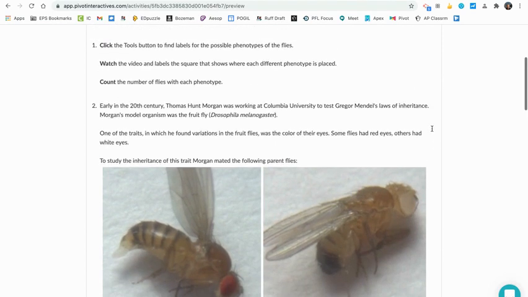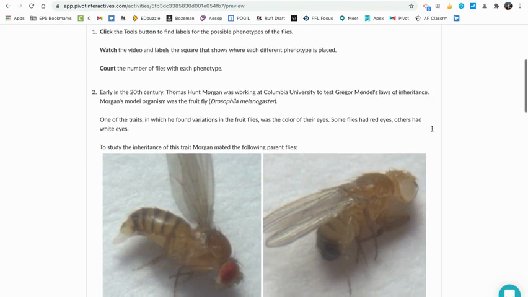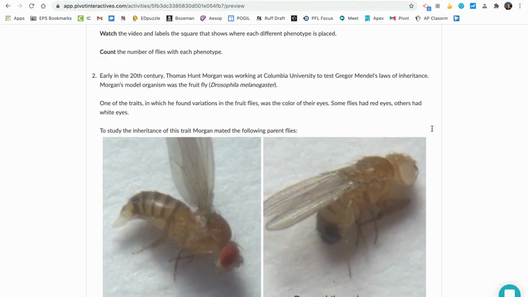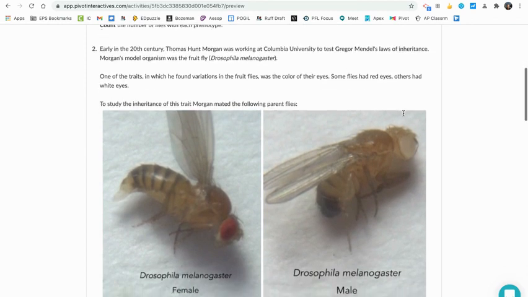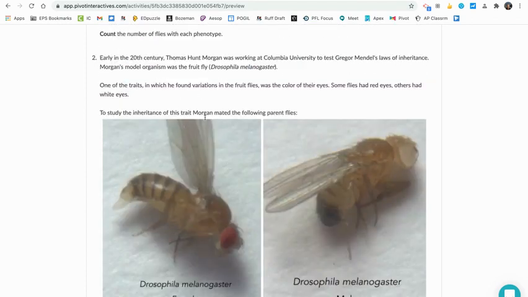Okay, so you're supposed to click the tools button to find labels for the possible phenotypes of the flies. And then you're supposed to watch the video and label the square that shows where each different phenotype is placed, and then count the number of flies, okay? So it's telling you that he's looking at red eyes and white eyes, and this is a male.